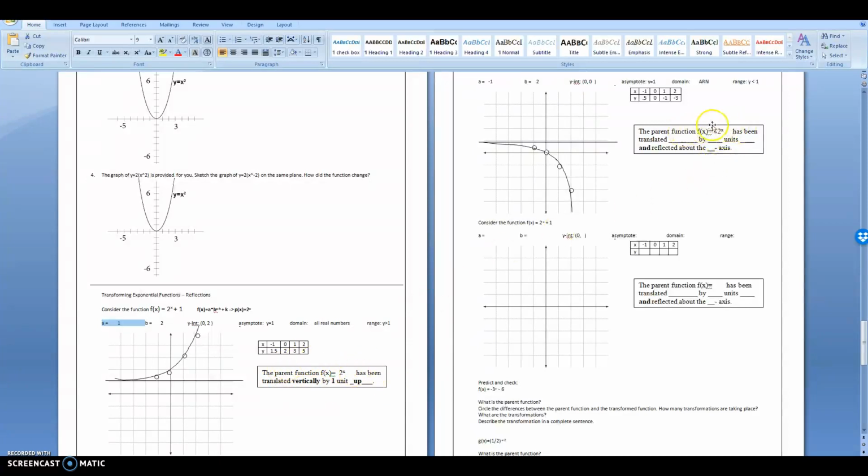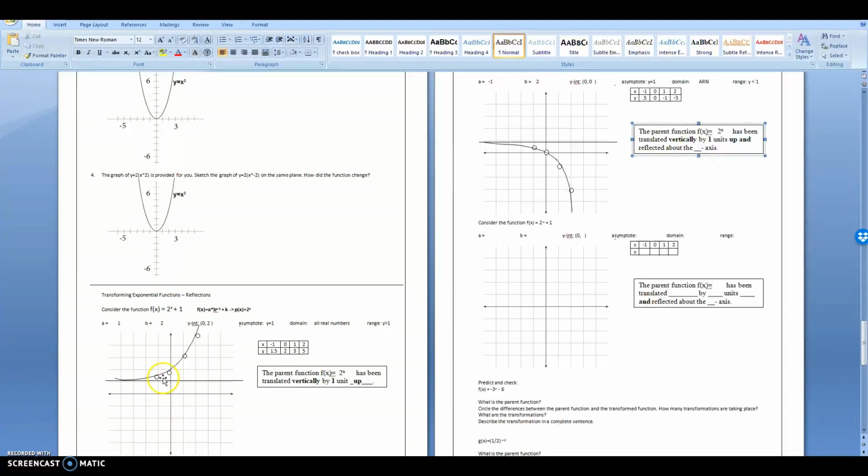We know that this function has been translated vertically by 1 unit, and it went up, and this time there's something extra to it, right?